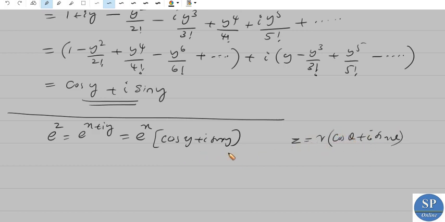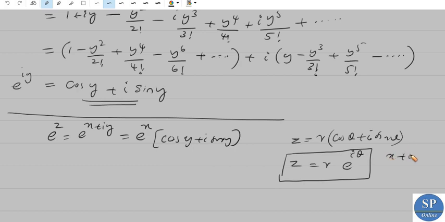So here we can write this cos theta plus i sin theta as e power i theta. So the polar form of a complex number can be written as r into e power i theta. Okay, that is the polar form. We have the Cartesian form of a complex number as x plus i y.